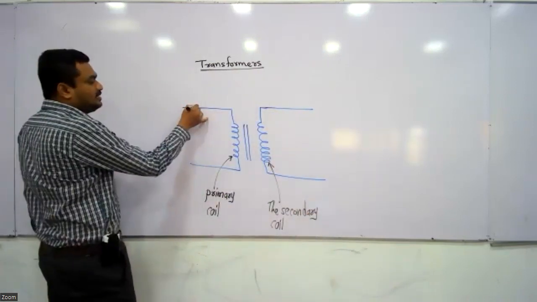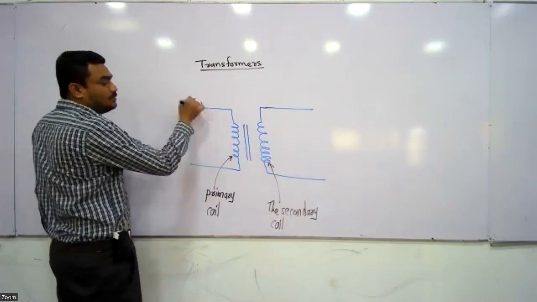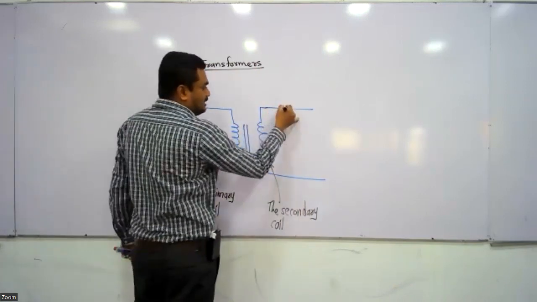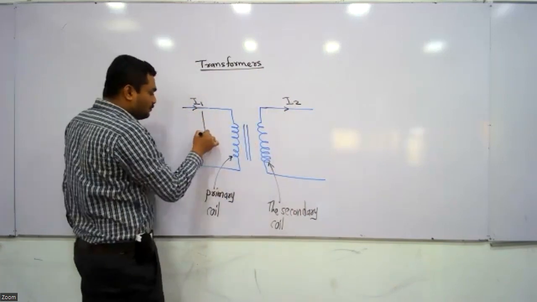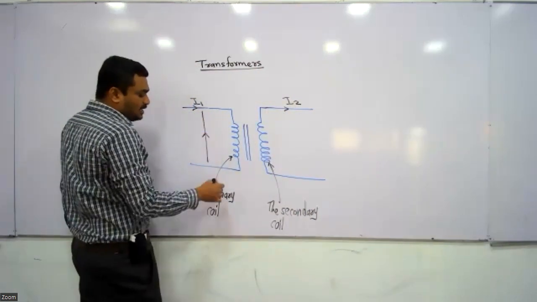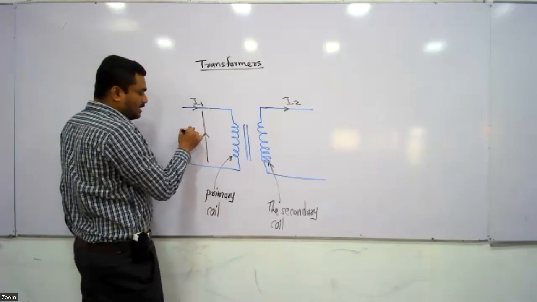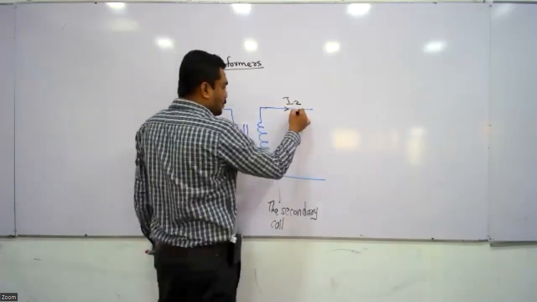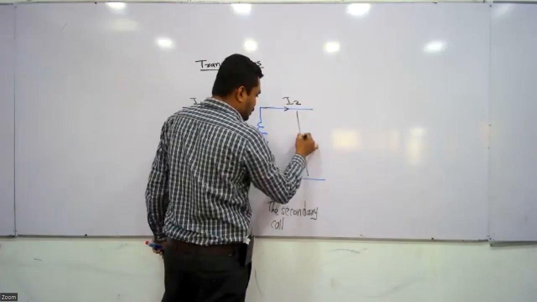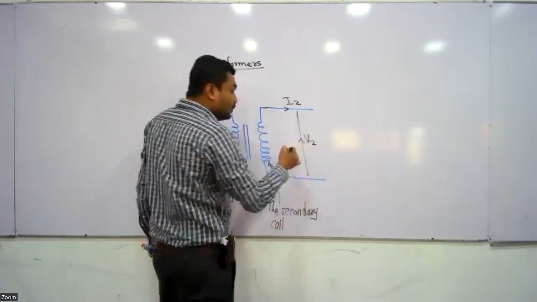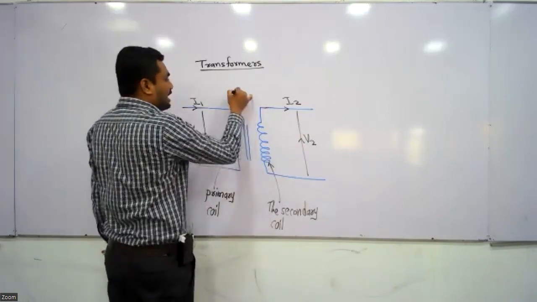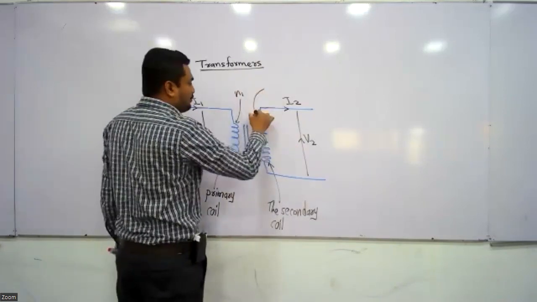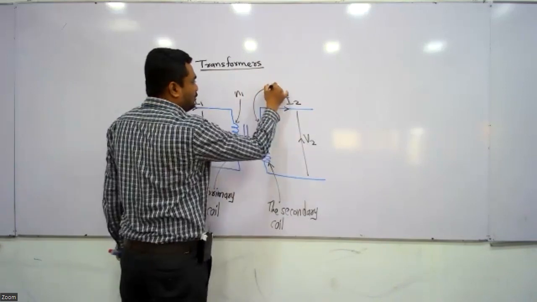If the current in the primary coil is I1, the current in the secondary coil is I2. Input voltage, the voltage in the primary coil, is V1, and the output voltage, the voltage in the secondary coil, is V2. The number of turns in the primary coil is N1, and the number of turns in the secondary coil is N2.